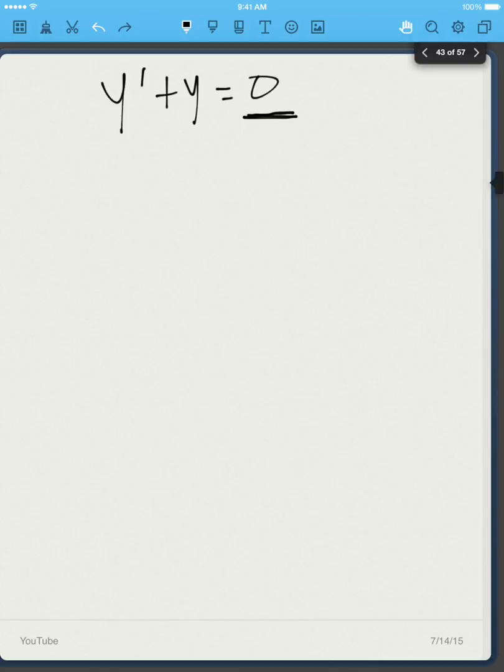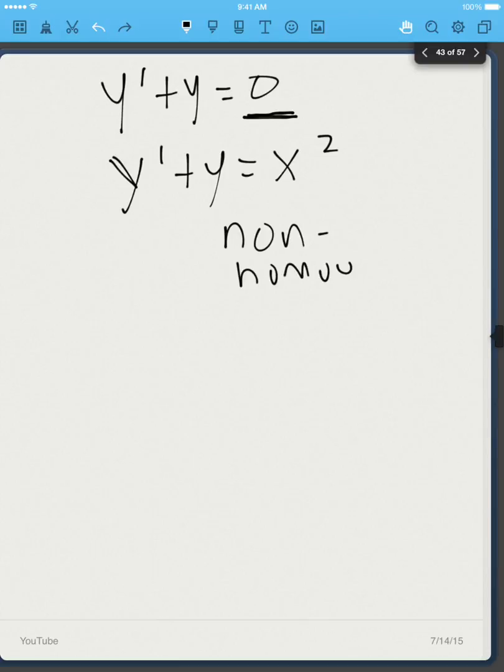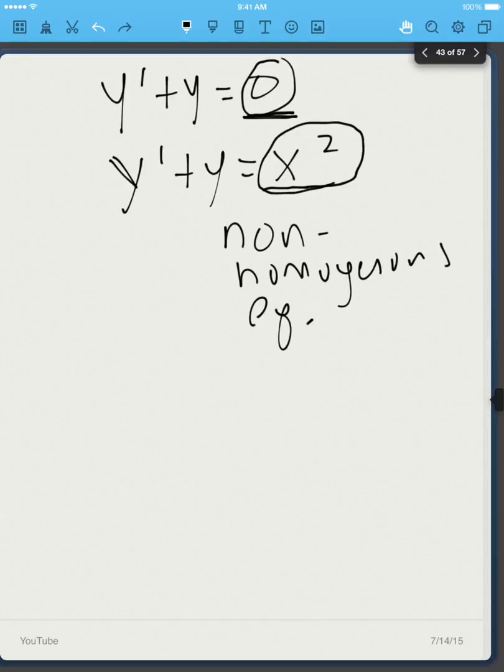So if we wrote something like y prime plus y equals x squared, we would call this a non-homogeneous equation because this thing is a source. It's not 0. Homogeneous equations are equal to 0. Non-homogeneous equations are equal to x squared as a source term.